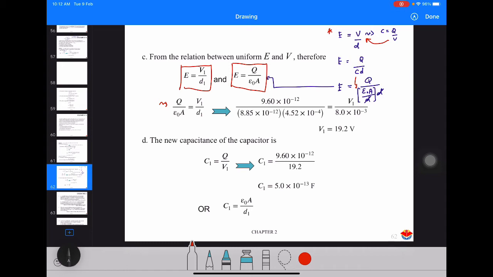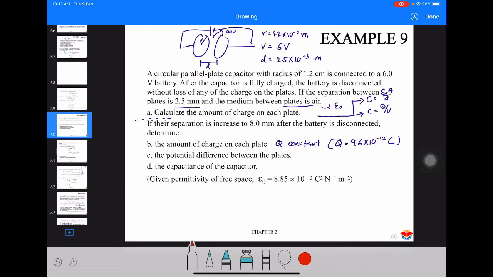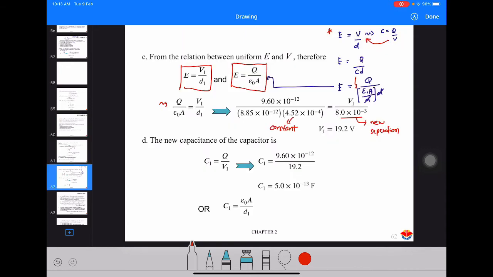The A remains the same because the dimension doesn't change. And the only difference here would be D, the new separation. You can calculate and you should get V equals 19.2 volt. So you can see that the potential difference increased from 6 to 19.2 volt.